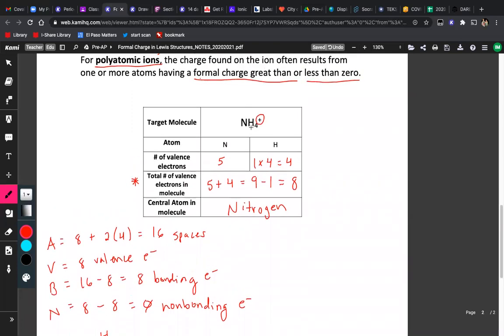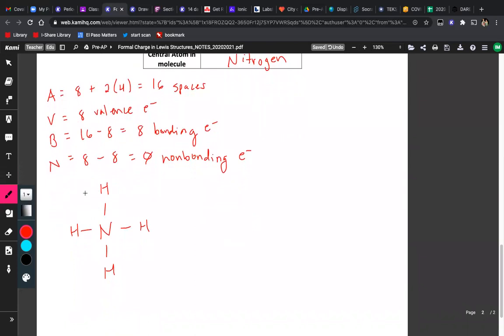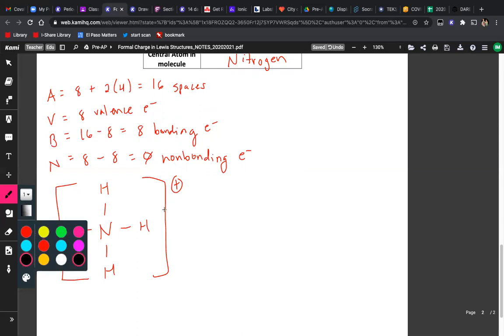This polyatomic ion carries with it a charge. So the way we actually show this, guys, we're going to put this molecule in parentheses and put this positive charge outside. So this whole molecule carries a positive charge. Now that's all fine and dandy, but what we're interested in is the formal charge.